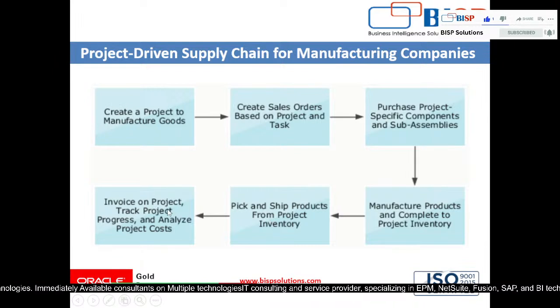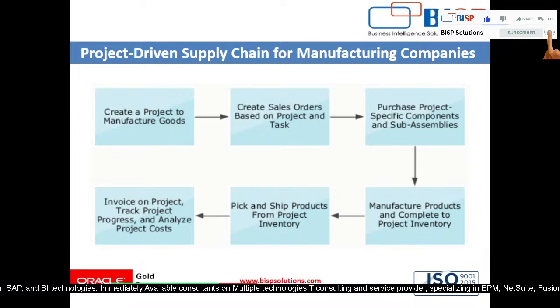And at the last, we create the invoice for the specific project, and we can track the project as well as the progress of this project. Also we can analyze the project specific cost as well, right? So this is a project driven supply chain in the manufacturing company, how we perform our manufacturing task based on any project, right? So our manufacturing runs under any project specific task, right?